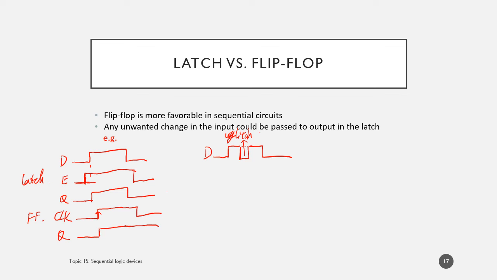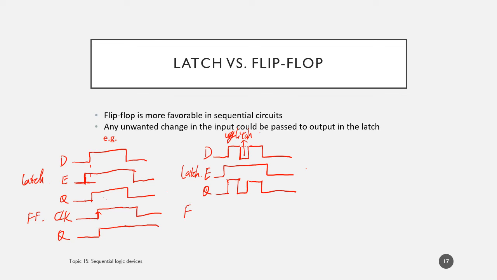Then let's see how these two devices will behave. For the latch, we still have the same enable input, and because Q will follow D, this glitch will be copied to the output of your latch. We want a perfect signal, but now I got this.